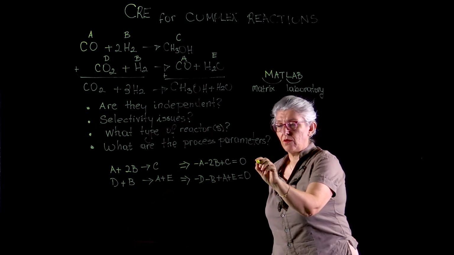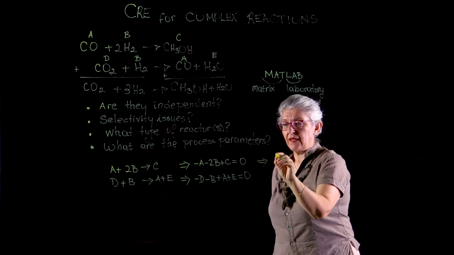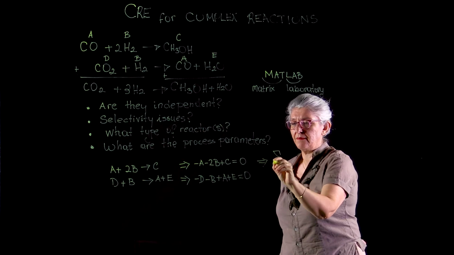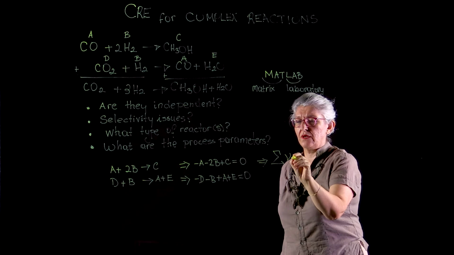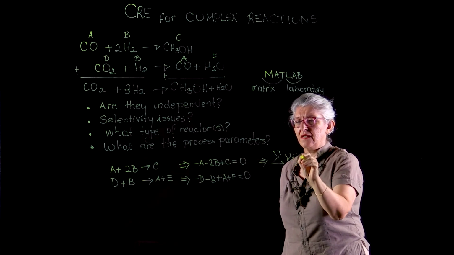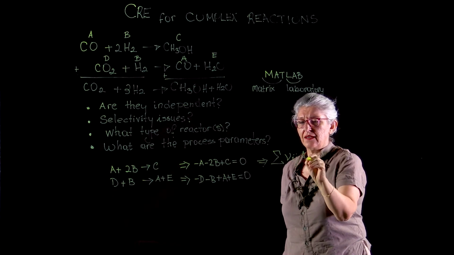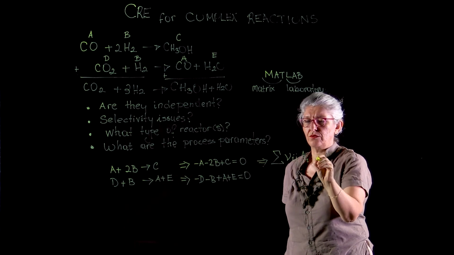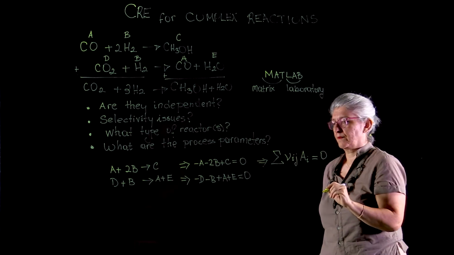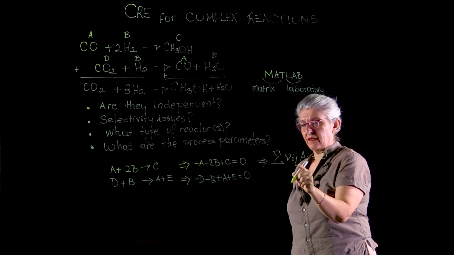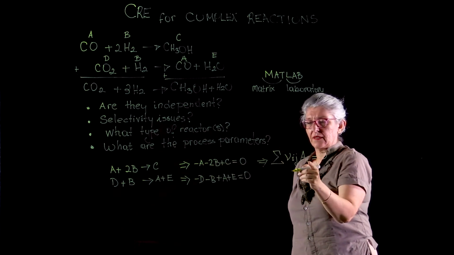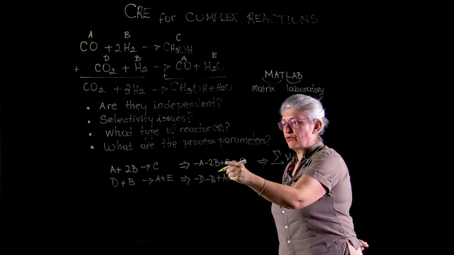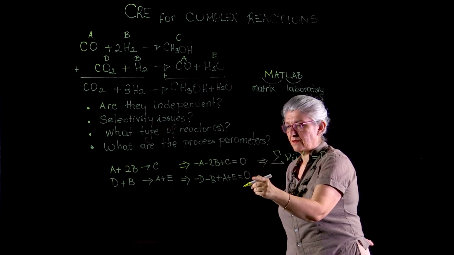We can also write this as a summation of nu ij times Ai equals 0. The first i refers to the species. The j refers to reactions. So we have two reactions.